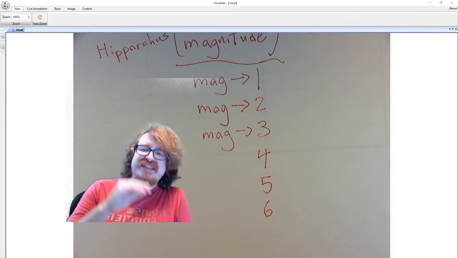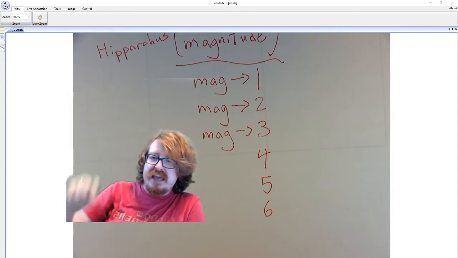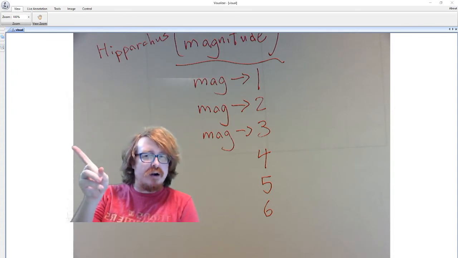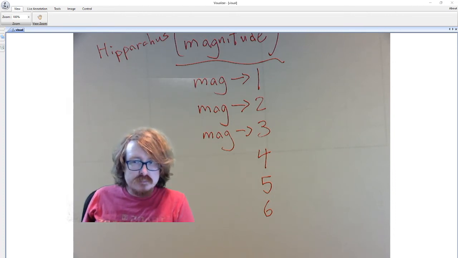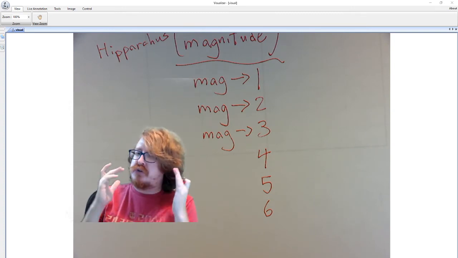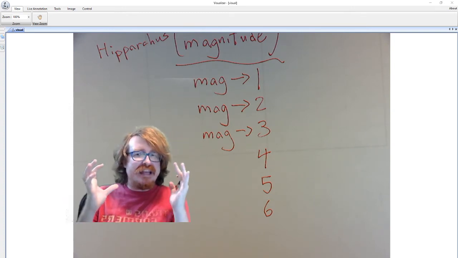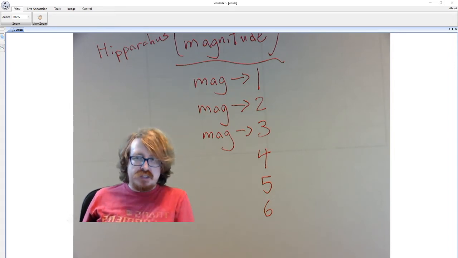So if I discover, let's see if we understand this. If I discovered a brand new star and I told you, check out this star I found, it has an extremely high magnitude. What did I just tell you about that star? If I told you my new star had an extremely high magnitude, what am I telling you about that star?